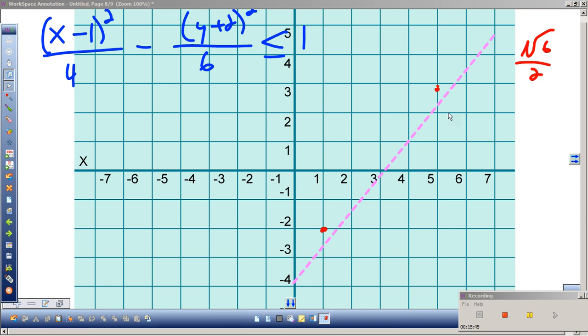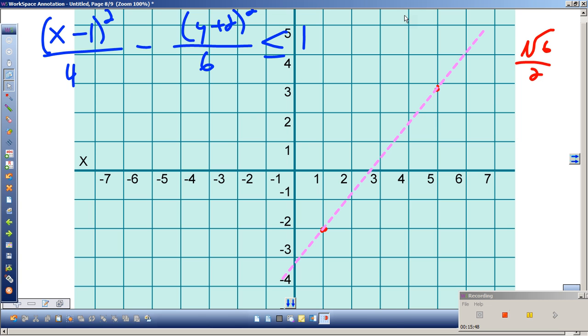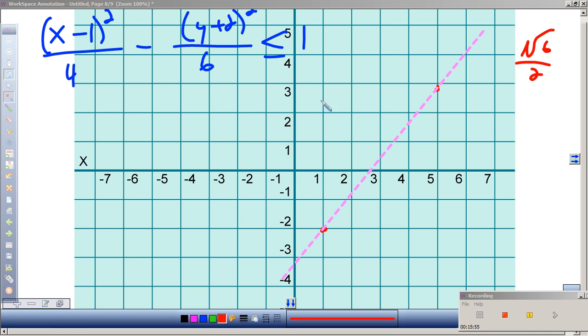And then where are our vertices going to be? Figure them out. Where's the vertices?